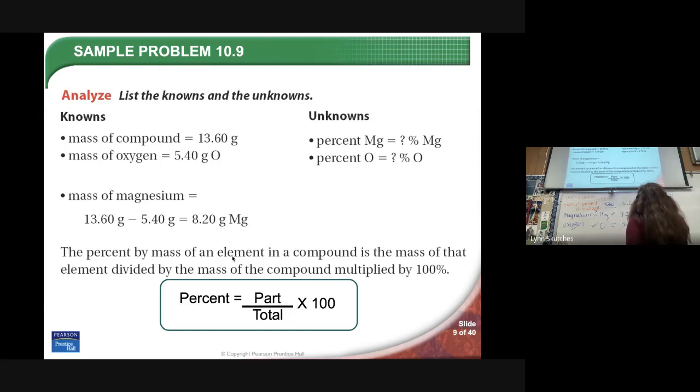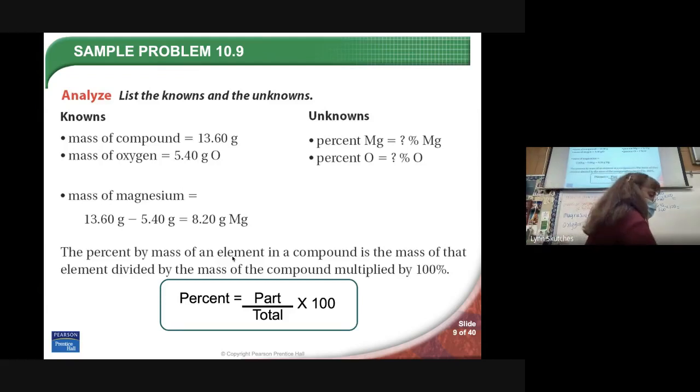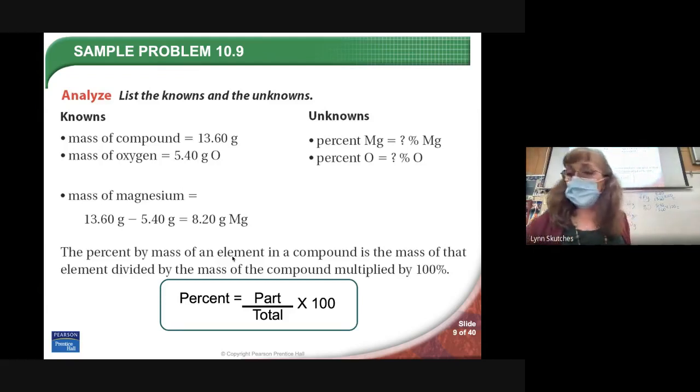And the percent of oxygen is going to be the 5.40 divided by 13.60 times 100. And just like normal percentages, push the buttons and you should have it. Turn to your neighbor, see if they got the same thing.